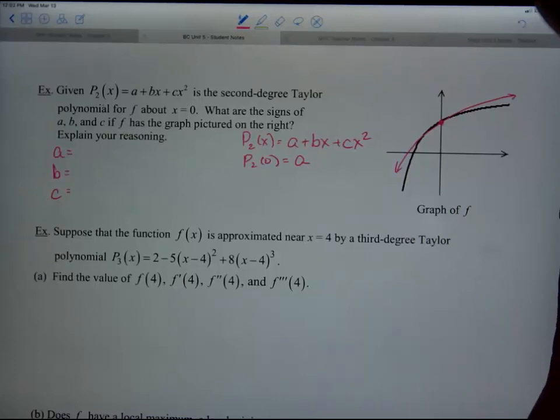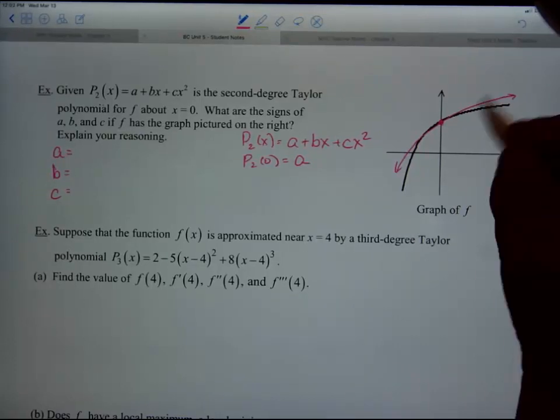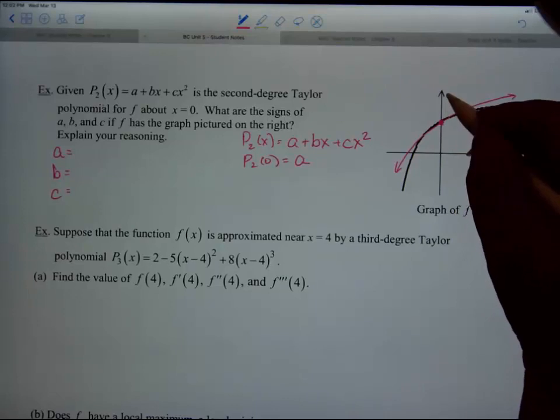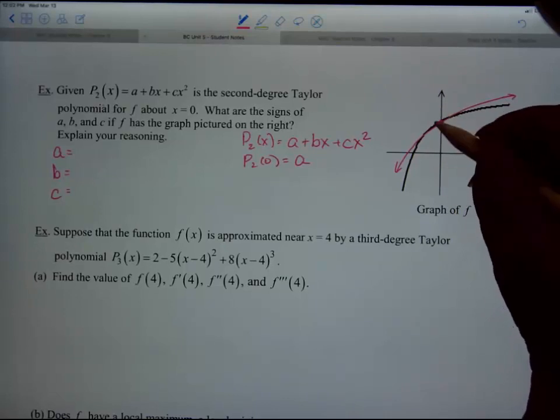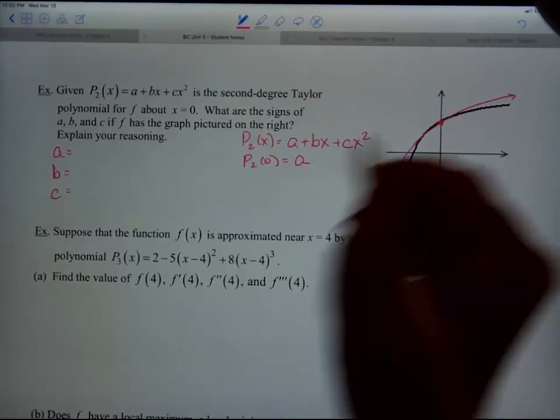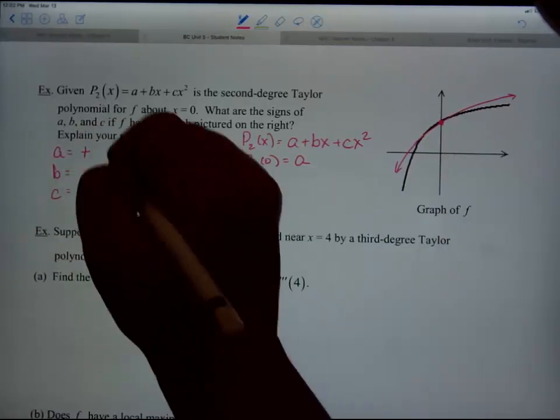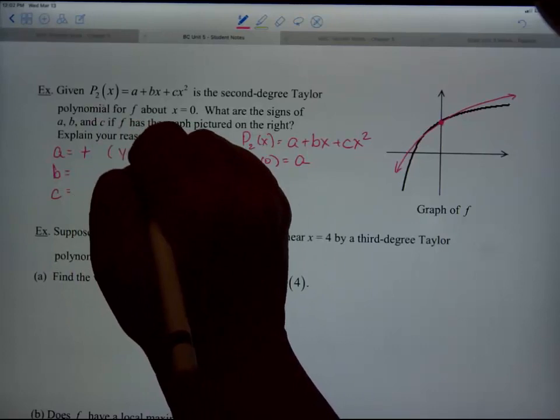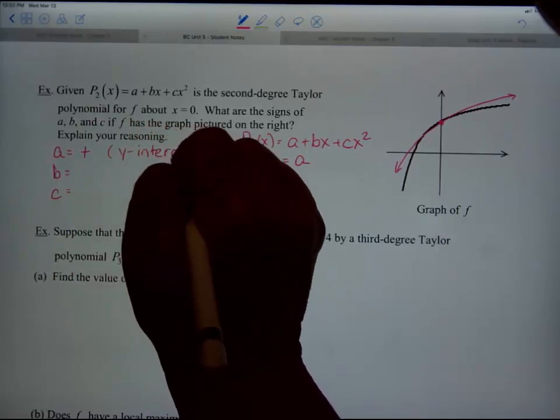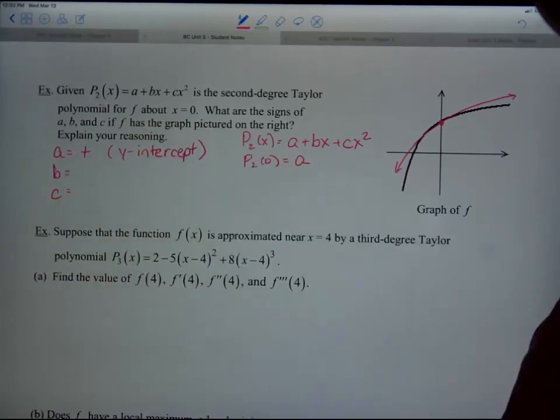Positive or negative? Positive. Why? Because a is positive, because I am above the x-axis. A is positive because it is the y-intercept. It is where the graph crosses the y-axis. Okay?